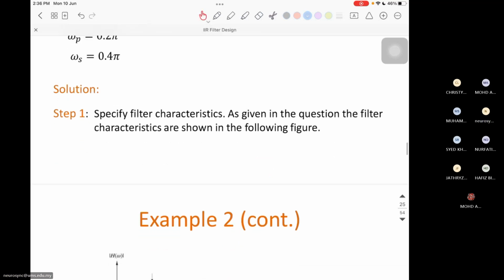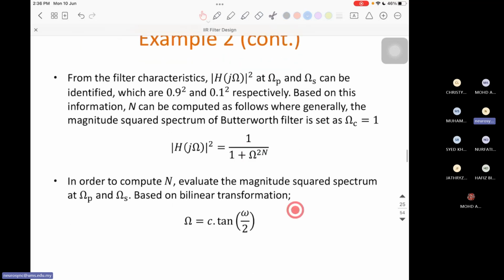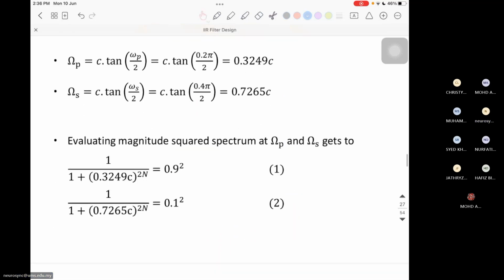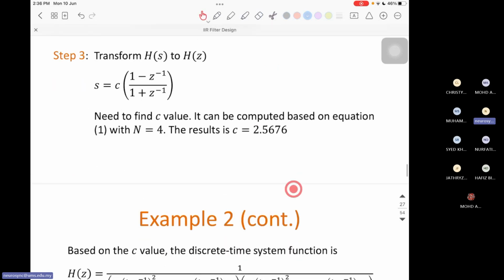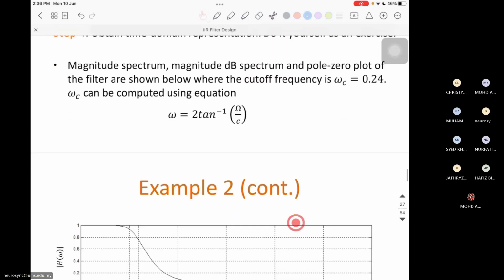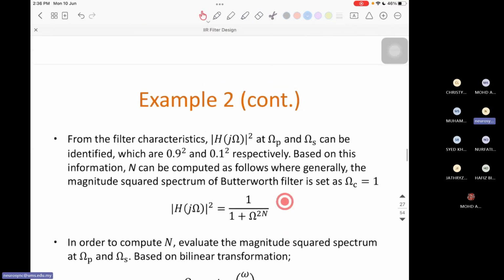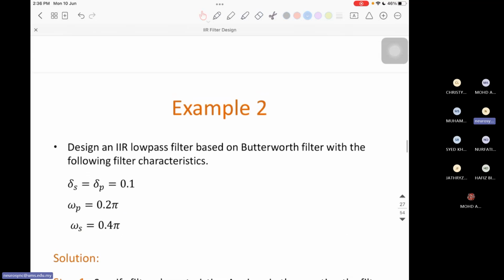With these characteristics, how to design a filter, we will see in the next lecture or tomorrow's tutorial session. Today I will stop with example one. Tomorrow we will continue with the second example.